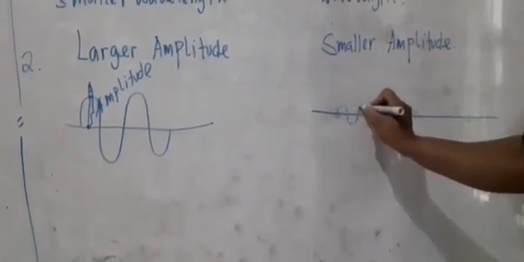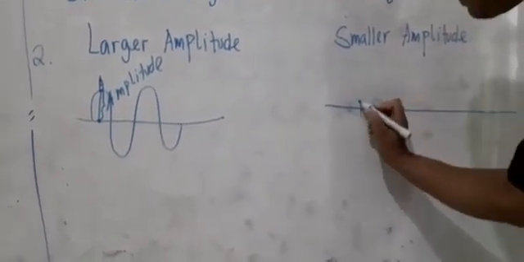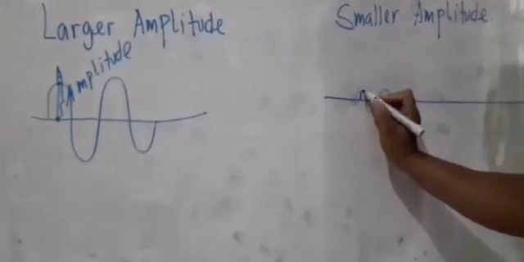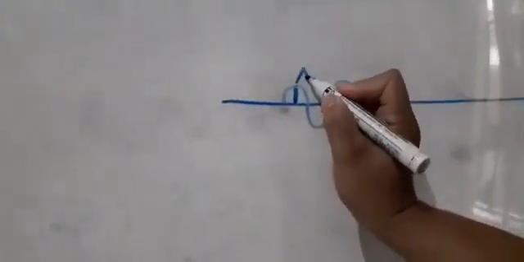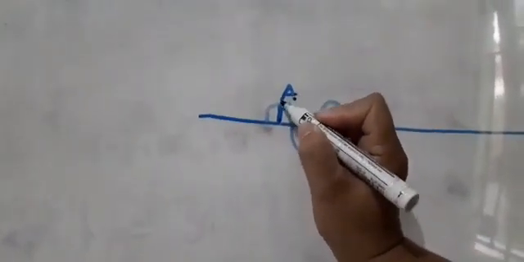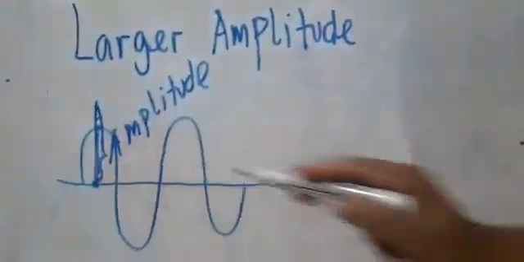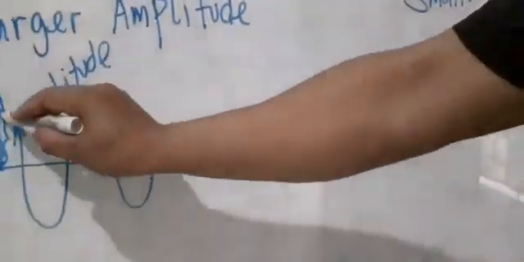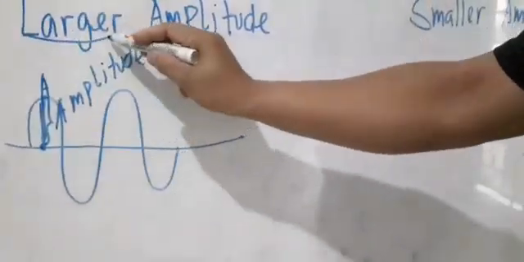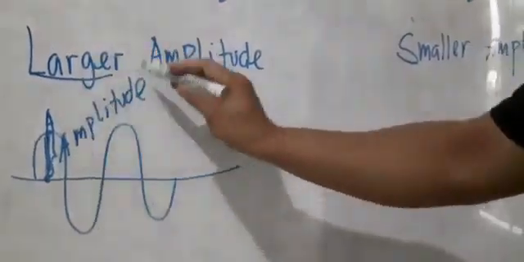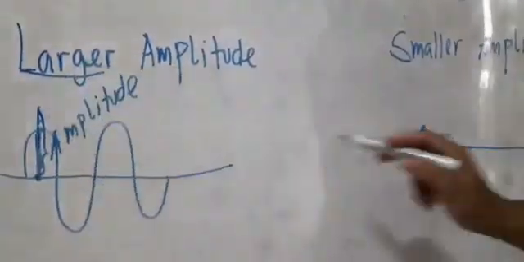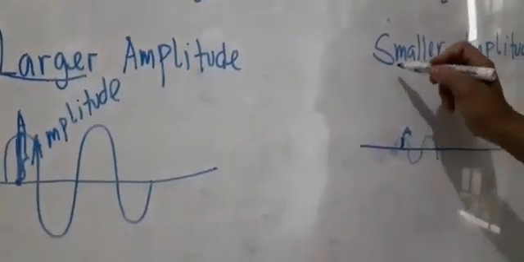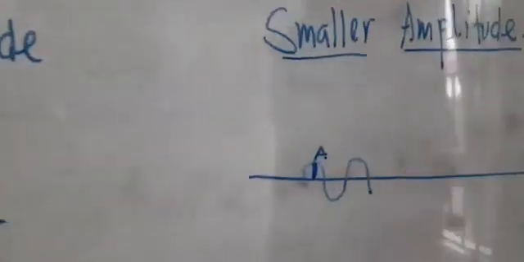It has only a very short distance. So we compare this distance to this distance. This one has a larger distance, which means it has larger amplitude, but the other has smaller amplitude.